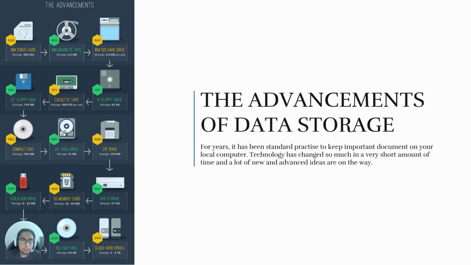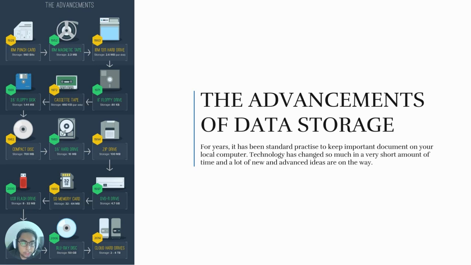So first, let's take a look at our first data storage, which is IBM Pascal in 1928, and then we have IBM magnetic tape, then IBM hard drive, and then floppy drive, and then KZ tape.